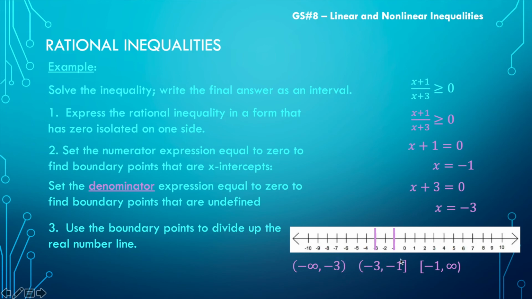I've got negative 3 to negative 1 with a parenthesis on the negative 3, but a bracket on the negative 1 because that boundary point came from our numerator, and our numerator does not have that restriction of it can't equal 0. And then our last interval is from negative 1 to infinity.